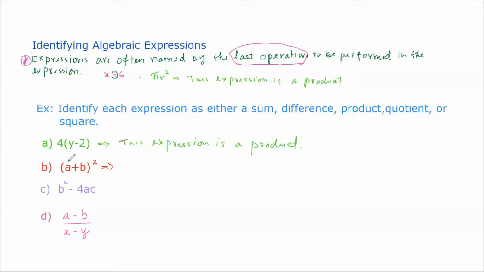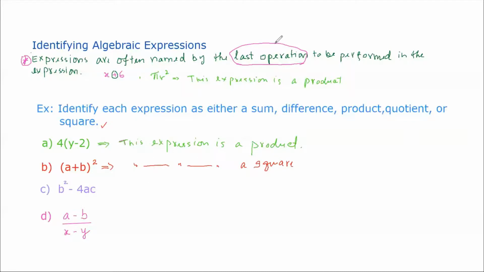We have to do a plus b first, and then the whole thing to the power 2. Power 2 we sometimes call square, correct? So this expression is a square. Okay, so I write this one down.